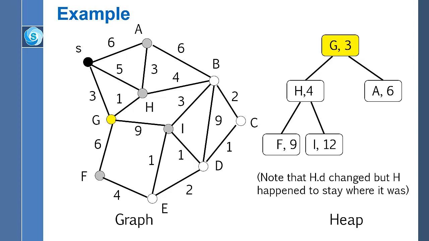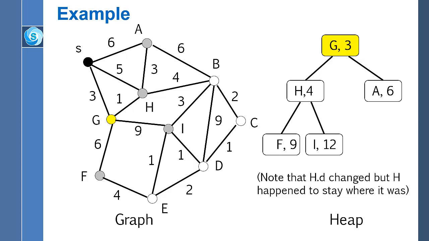Because F dot D has just been discovered. So little d is currently infinity. 9 is certainly less than infinity. Therefore it's time to change F dot little d and make F dot little d equal to 9. F dot little d is now 9.